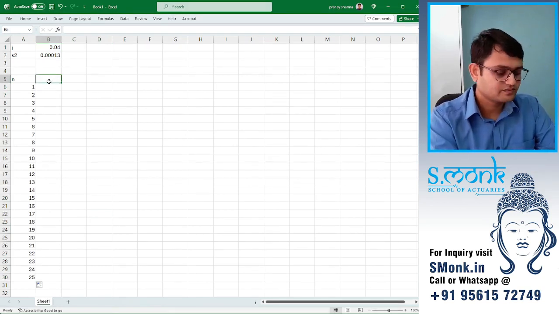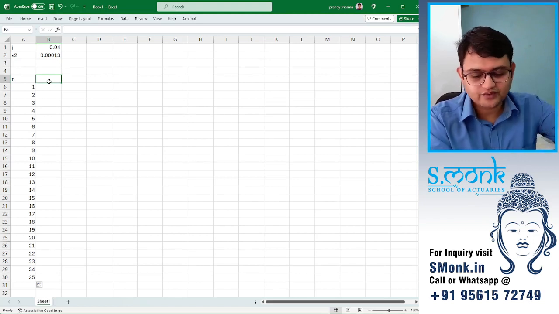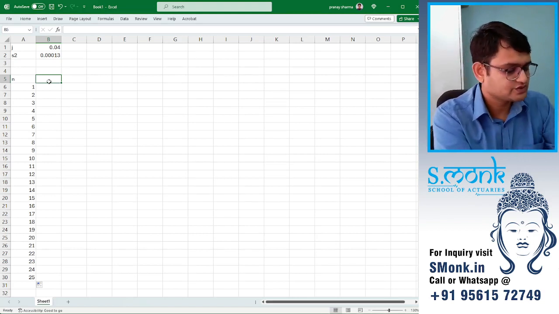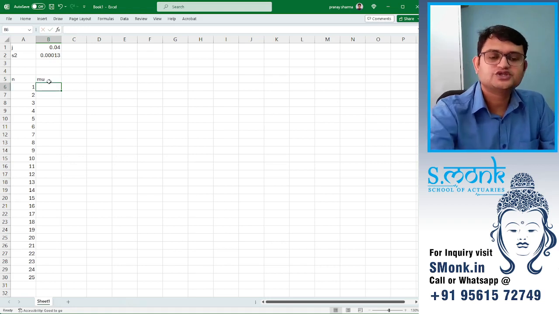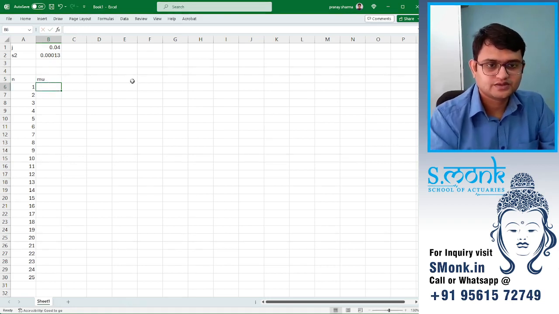Then the first thing that we'll require is the mu values. So mu would be S double-dot n.